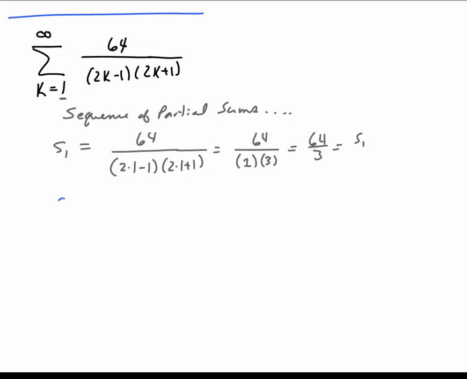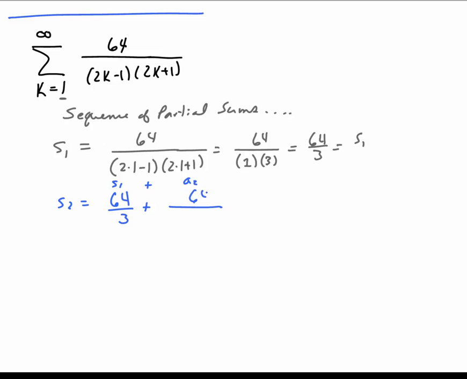S sub 2, then I would take s sub 1, which we just found out was 64 thirds, plus my next term, so this was s sub 1, plus I'm going to add my a sub 2 term. So I'm plugging in a 2 now.